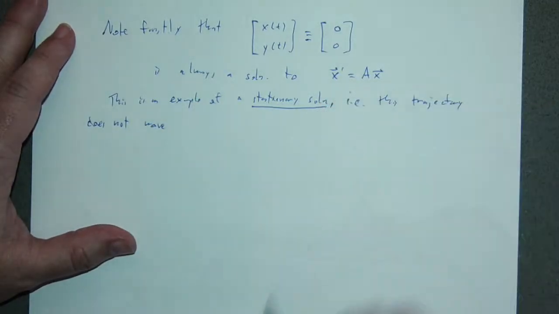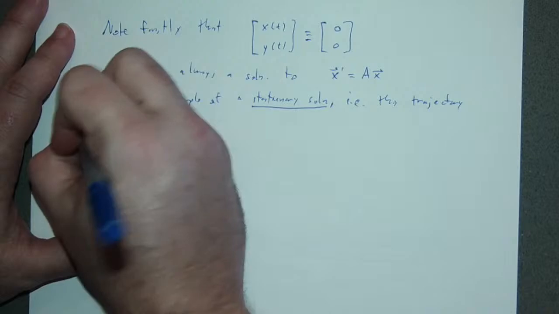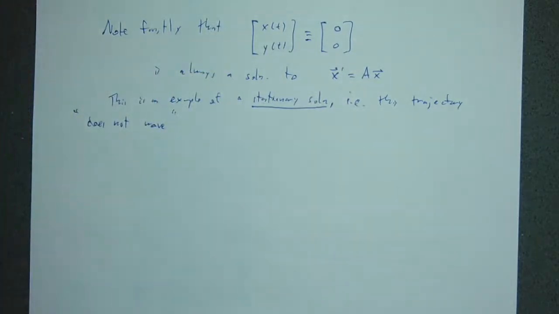Once it's there, it stays there. So it does not move. It means that at that point, the trajectory or the path traced out is simply that point. For all t, it doesn't move. That trajectory doesn't trace out anything, it simply remains at that point.